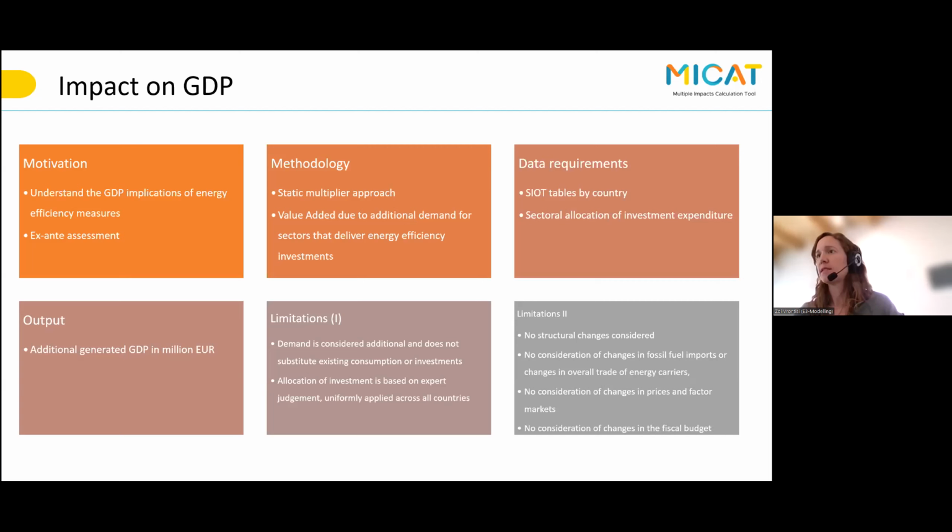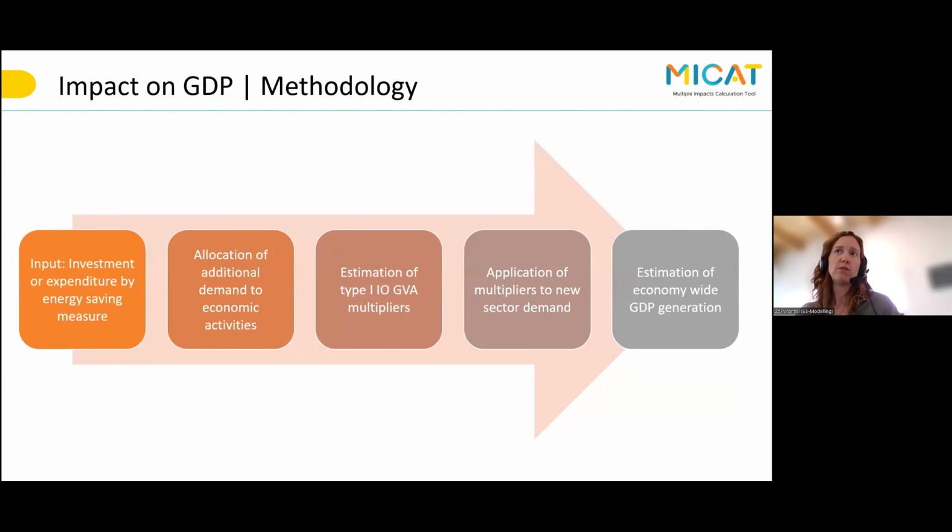So in essence, what we assess is the investment or expenditure by energy saving measure. We then allocate this to the different economic activities, and I will show an example later. And through the Leontief multipliers, we can then assess the additional GVA, gross value added, or GDP that is generated in the economy.